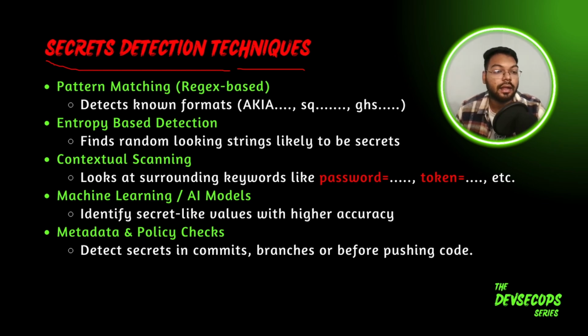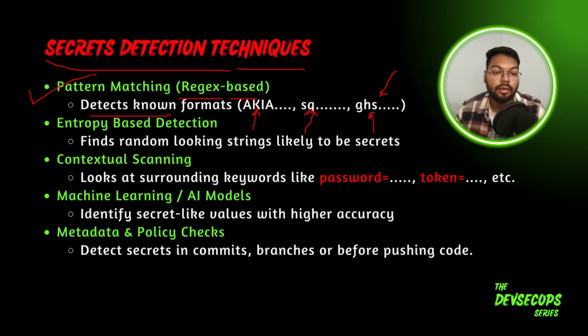The techniques are like pattern matching, which is regular expression based. You can see that Amazon keys start like this, SonarQube keys start like this, and GitHub security keys start with particular patterns.